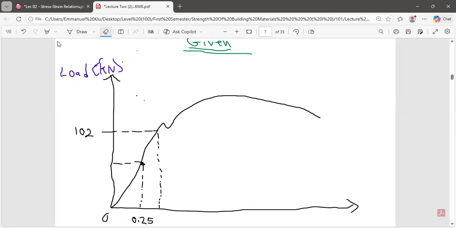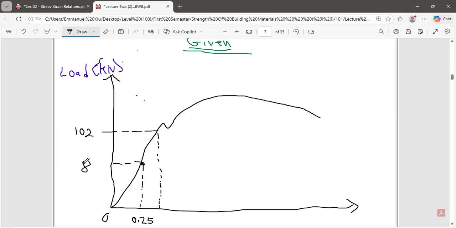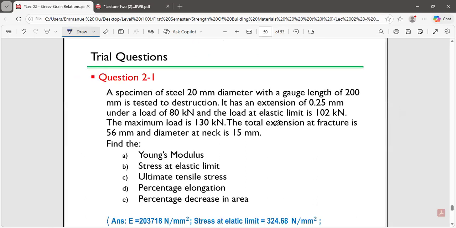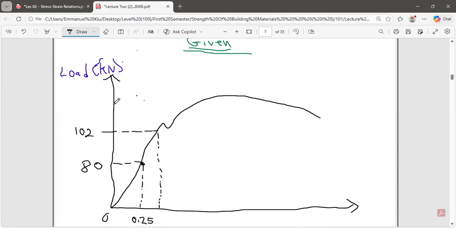Don't get confused. Logically, 80 will surely come before 102 because the load is increasing, not decreasing: 0, 80, 102. The maximum load is 130 kilonewton. Let me calibrate it somewhere here. So 130.